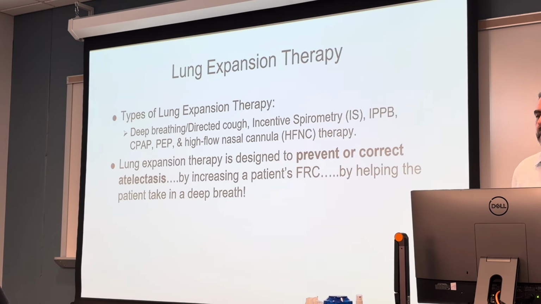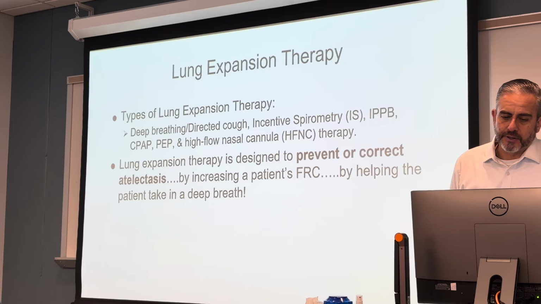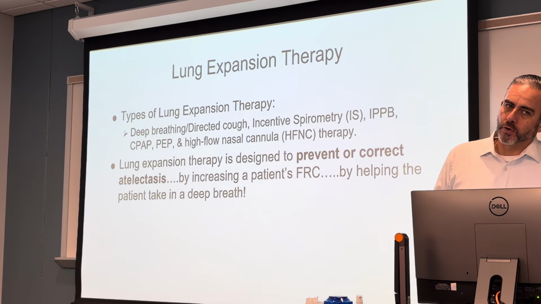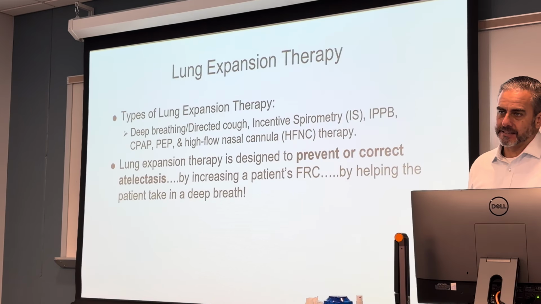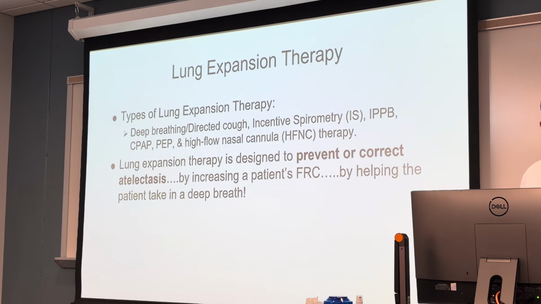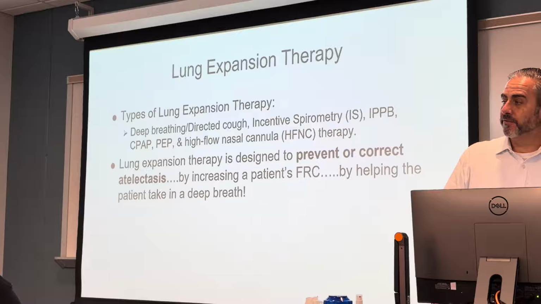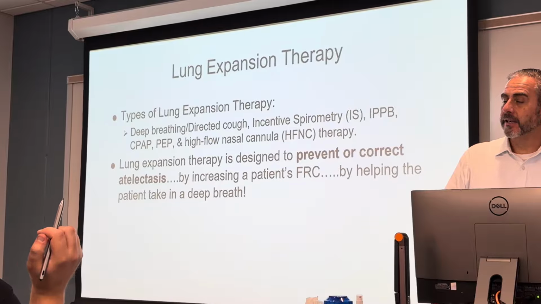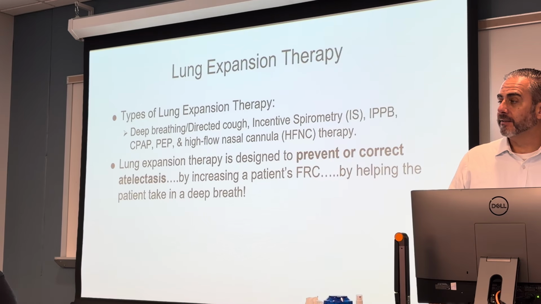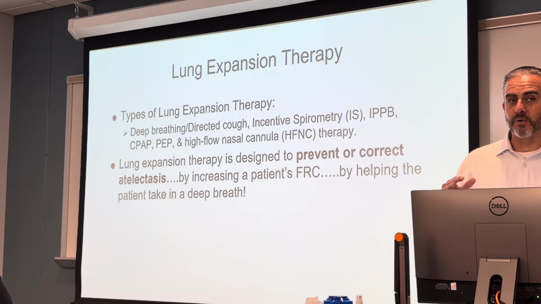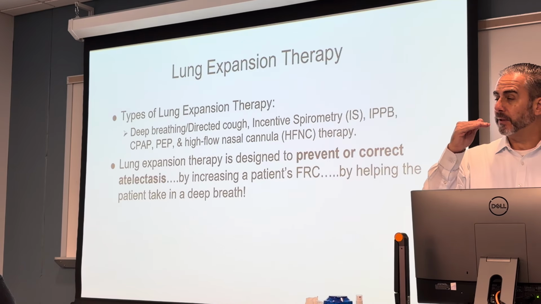All right, so why do we do lung expansion therapy? To prevent or to correct atelectasis. So we could use it to prevent it, or we could use it to treat it. When we increase a patient's lung volumes, what we're actually doing is increasing their functional residual capacity. That goes back a few weeks. Remember the lung volume capacity chart where FRC fits into play?